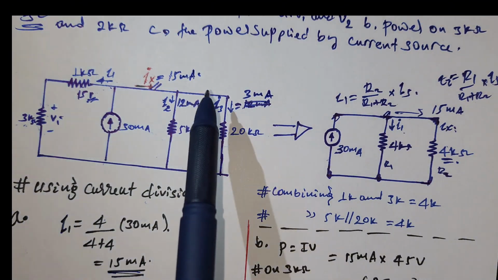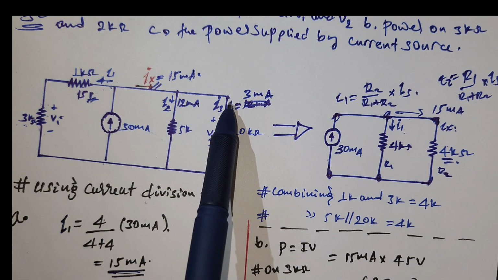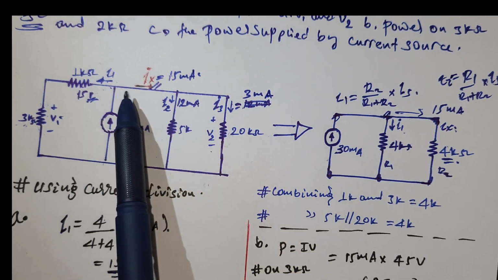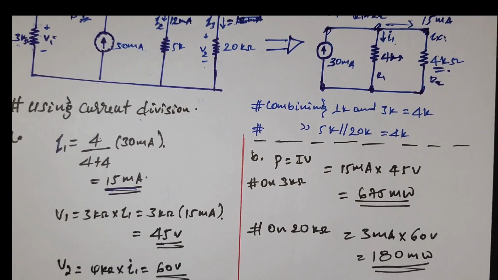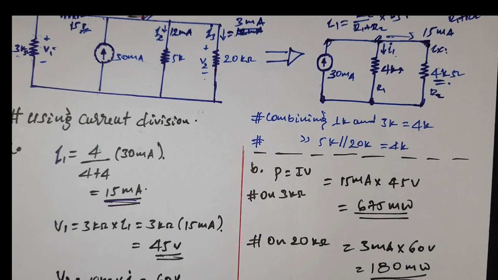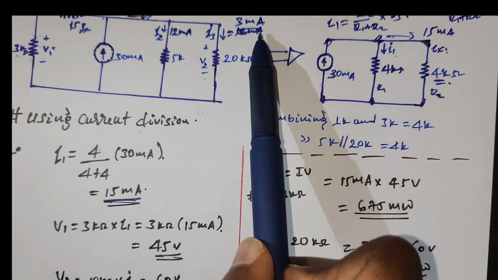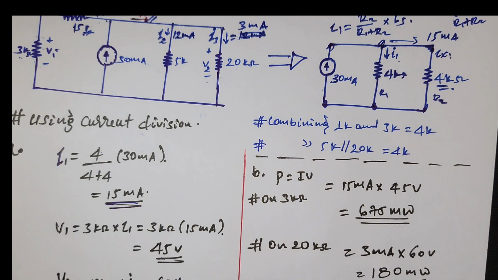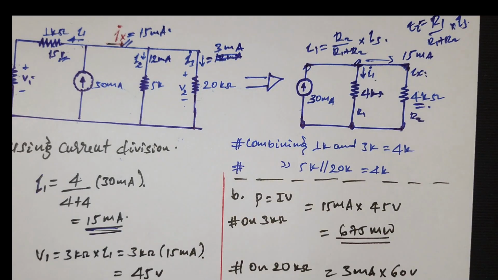The current entering the junction is equal to the summation of the currents leaving the junction. I2 and I3 leave the junction, Ix enters the junction. So if we calculate I3, we can also calculate V2 with this method: 3 times 20, which is equal to 60. So we need to calculate the power on the 20K.